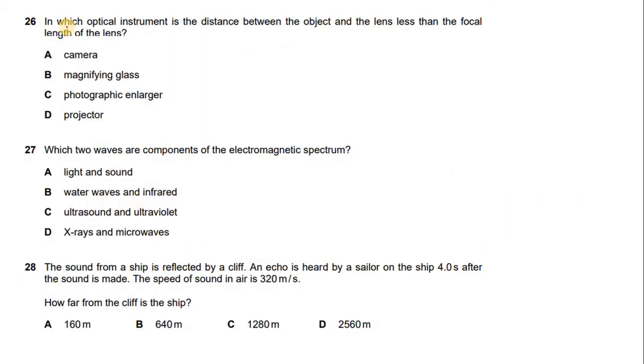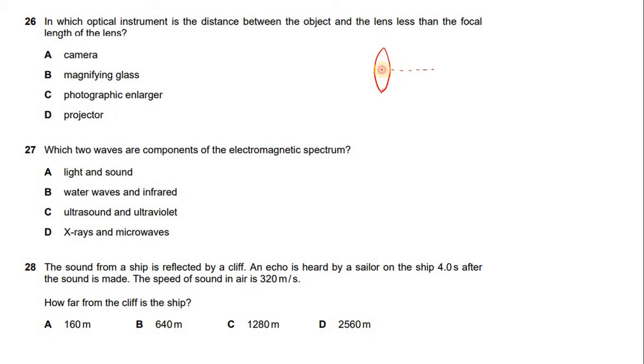Question number 26. In which optical instrument is the distance between the object and the lens less than the focal length of the lens? If you recall, there is a certain situation in which we put an object for a converging lens.